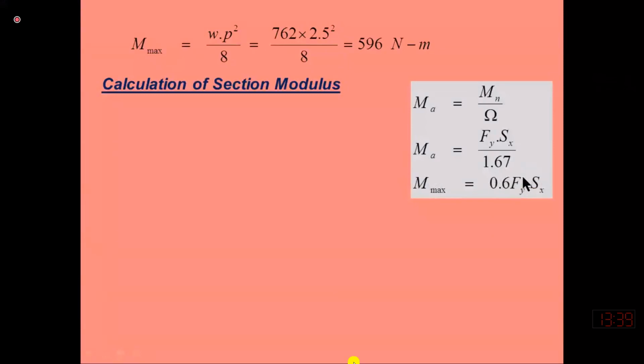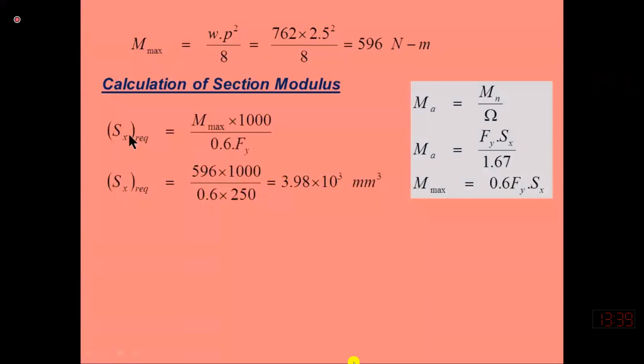The section modulus Sx, the geometric property, is unknown, and we can determine it from this equation: Sx equals Mx divided by 0.6 Fy. We multiply the moment by 1000 to convert meter to millimeter, because all units in this equation must be in Newton and millimeter. So M maximum 596 multiplied by 1000, divided by 0.6 Fy, gives the required section modulus of 3.98 into exponent 3.